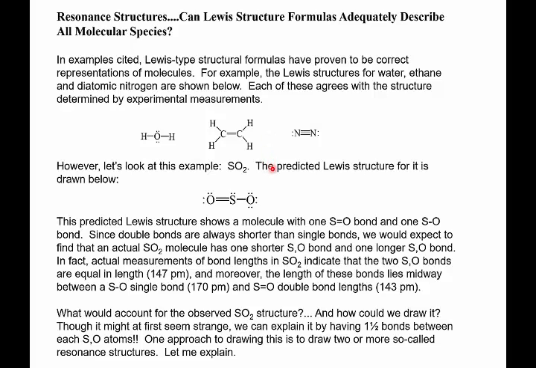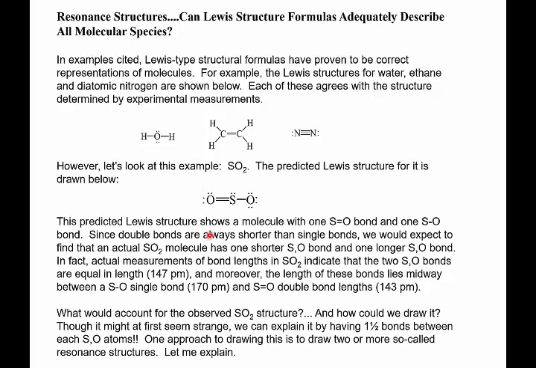Let's take a different compound though, sulfur dioxide, SO2. If you go through applying the steps and drawing the Lewis structure, you come up with this for SO2. Central atom sulfur, a double bond, and a single bond. All right, this is now what you get when you apply the steps.